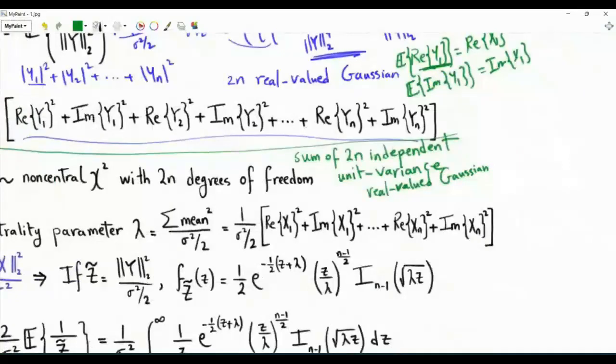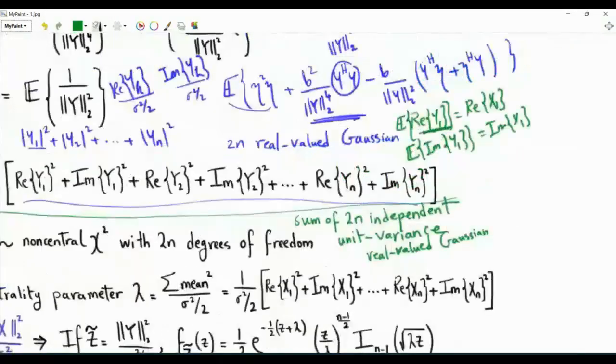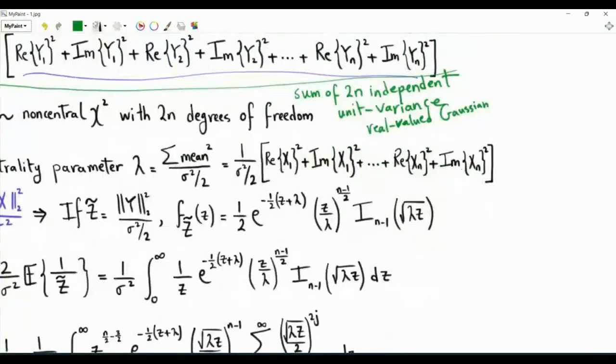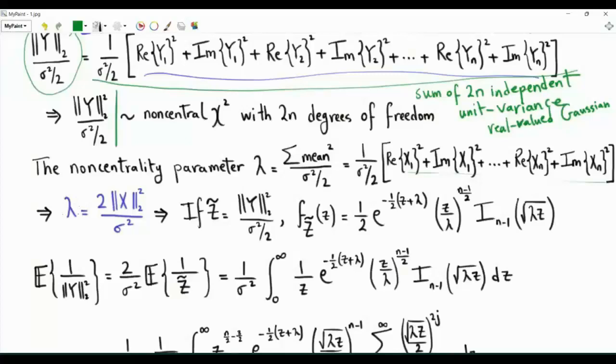As I said, the mean value of real yk is the real part of xk, and the expected value of the imaginary part of yk is the imaginary part of xk. And so we get this expression for the non-centrality parameter. Before dividing by sigma squared over 2, this is the L2 norm squared of vector x. So the non-centrality parameter is lambda, and it is equal to double the L2 norm squared of vector x divided by sigma squared.